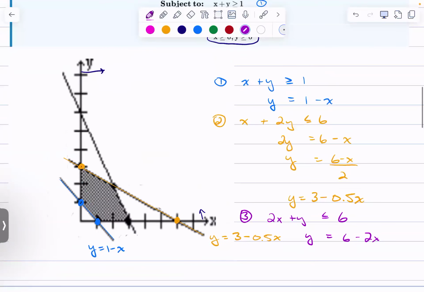If I plug in x equals 0, which is my go-to move, I get y equals 6, which should be this guy up here. And we can confirm if I let x be 3, then 6 minus 6 makes 0. And I'm happy with that. So this is y equals 6 minus 2x.